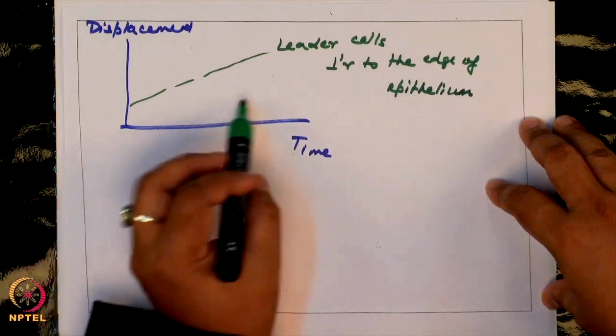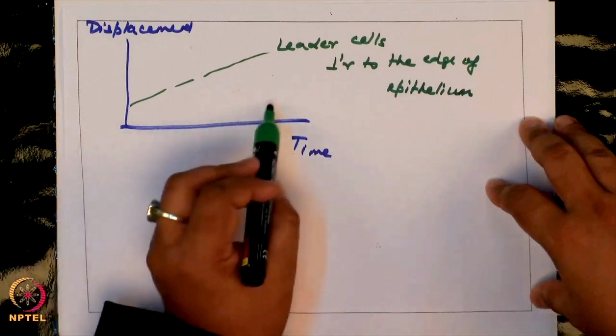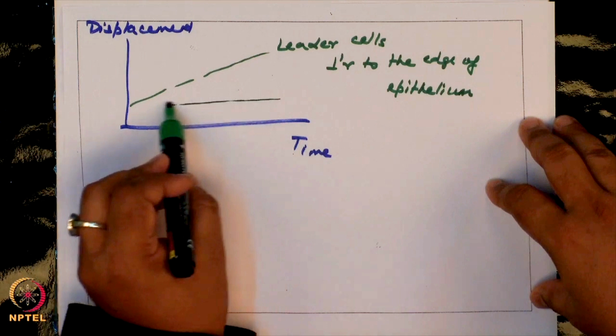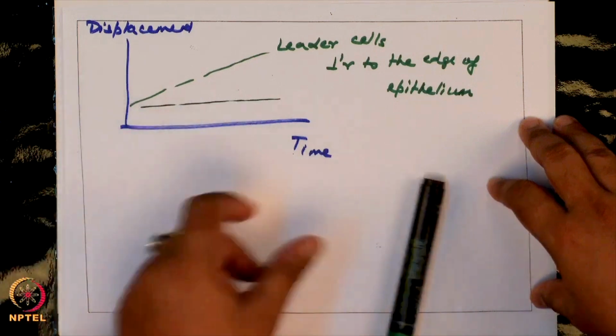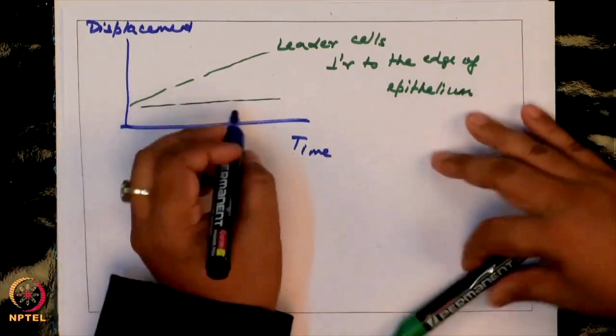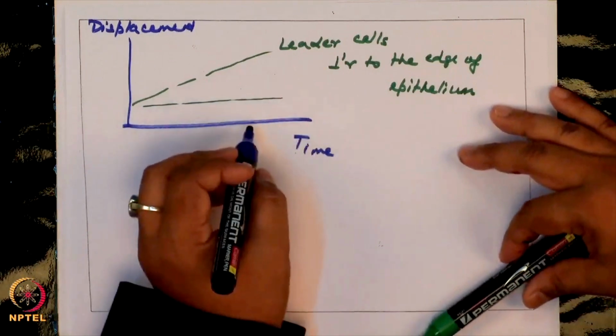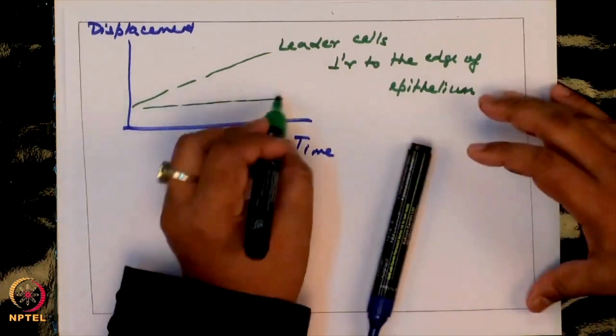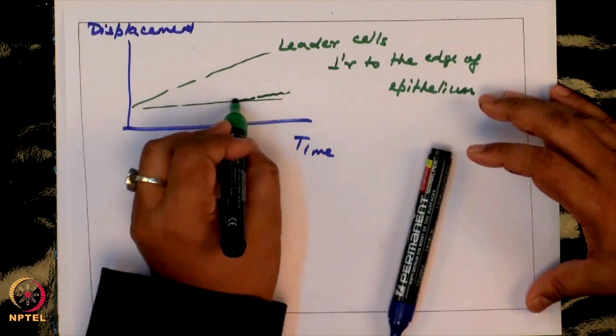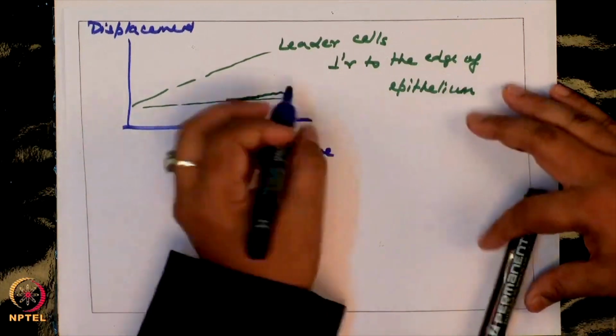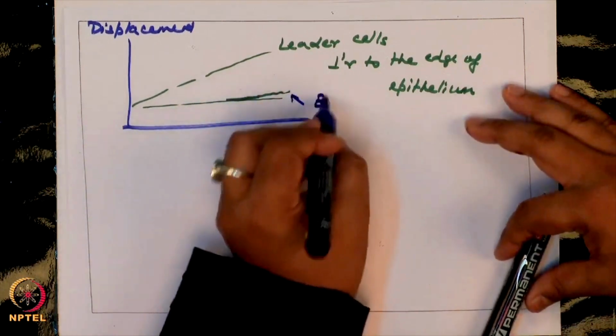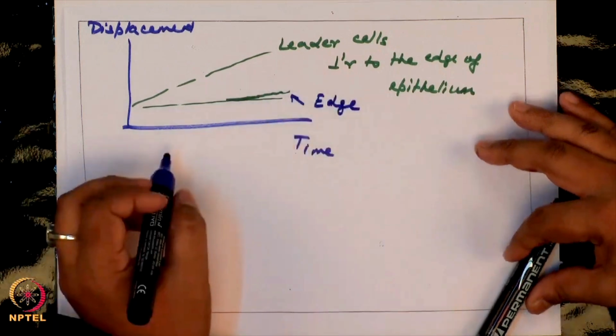In contrast, this is the displacement of the follower cells; they were migrating much more slowly as a function of time. These are the free edge, which contain most of the follower cells.